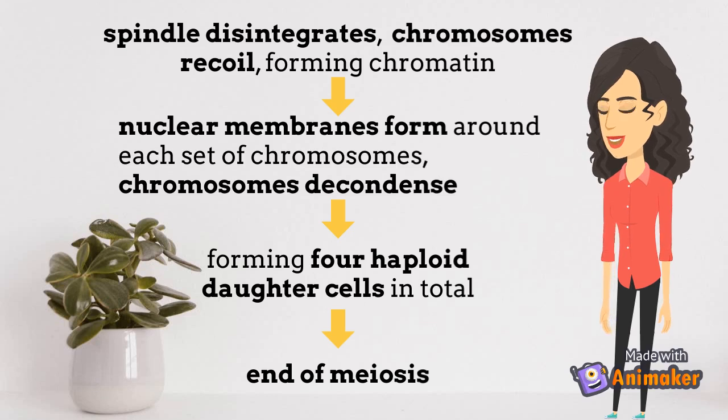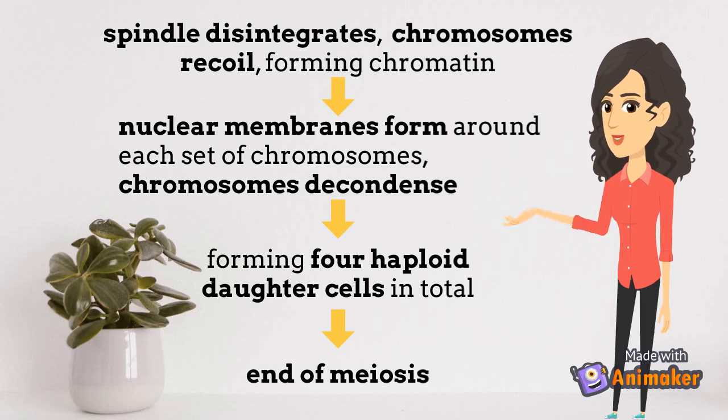The nuclear membranes will then start to form around each set of chromosomes and the chromosomes will decondense. Hence, the product of telophase 2 is 4 haploid daughter cells in total. And telophase 2 marks the end of meiosis.